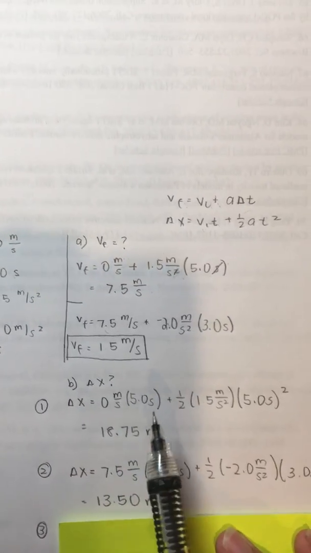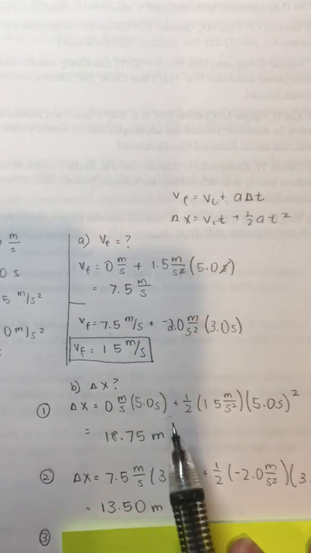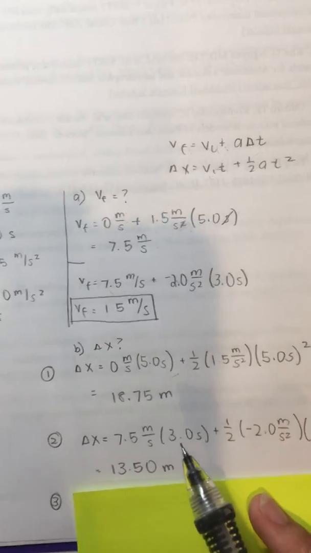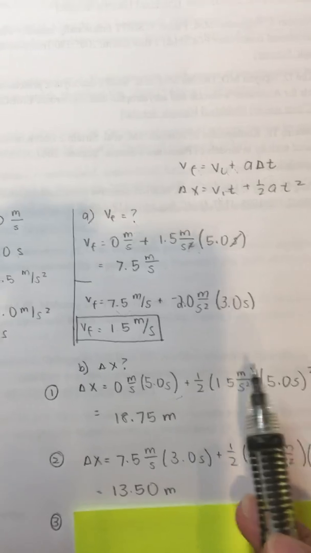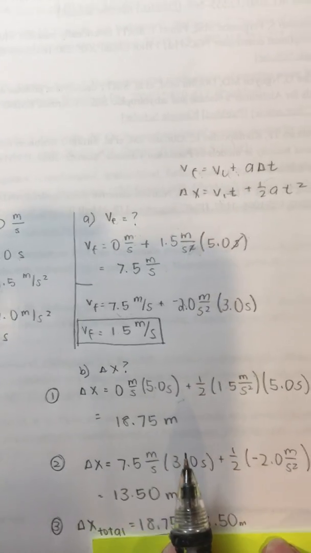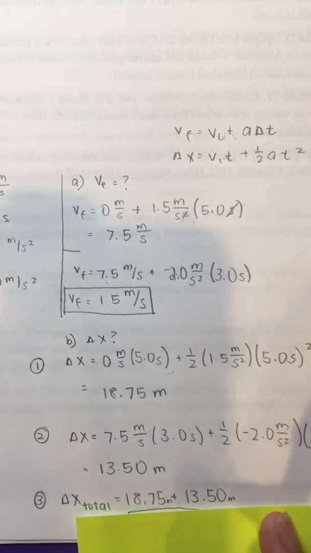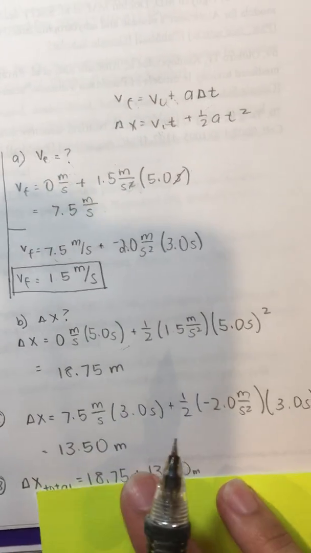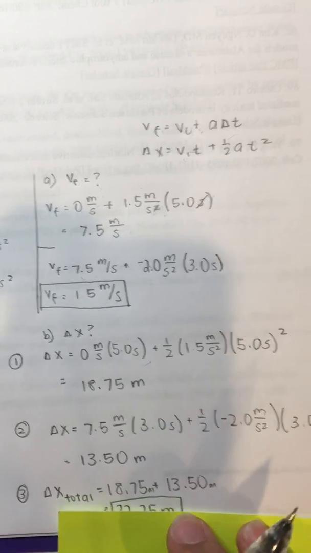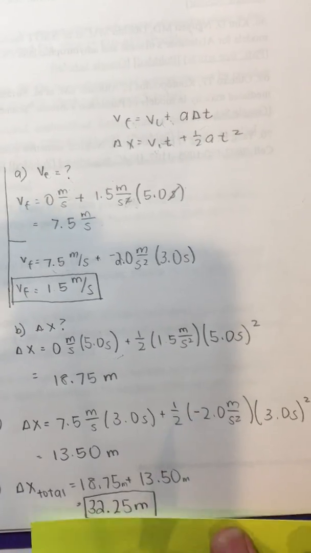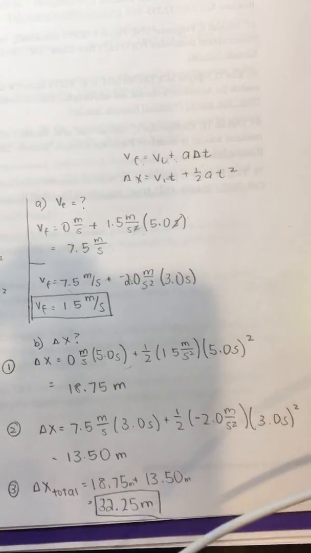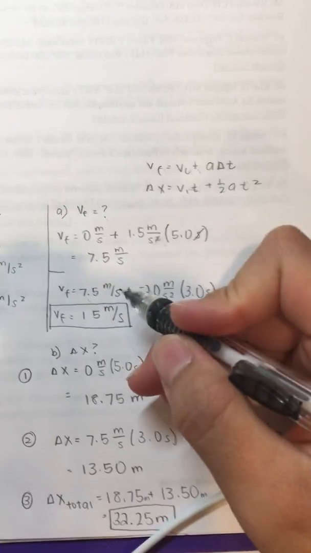Now this is how far the car went accelerating, and this is how far the car went after it applied the brakes. So to find the change in position for the total amount of time the car was moving, we add these two up to get 32.25 meters. So this is your final answer.